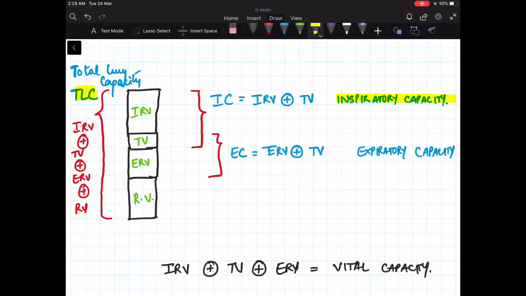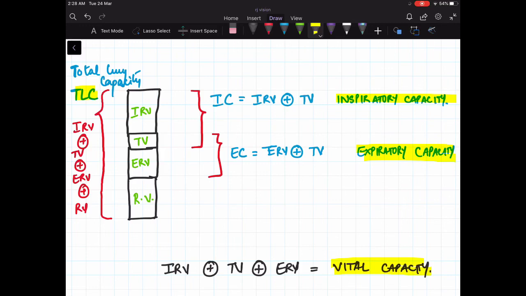Then you have expiratory capacity, the amount of volume that can be expired after normal inspiration. And then you have vital capacity. That is the amount of volume in totality which can be inspired or which can be expired. The maximum volume of air a person can breathe in or breathe out. Right? So that is vital capacity.